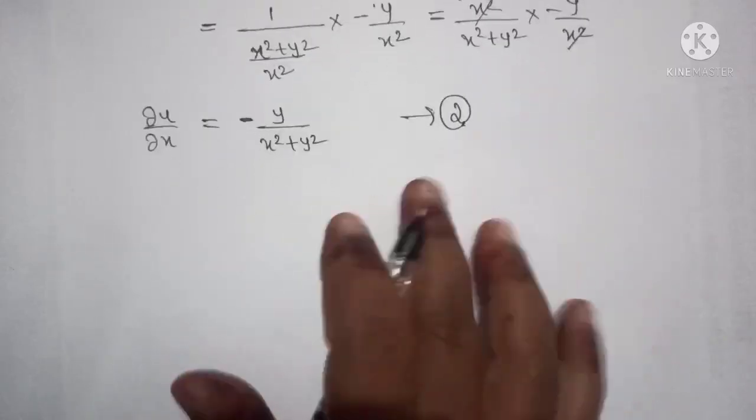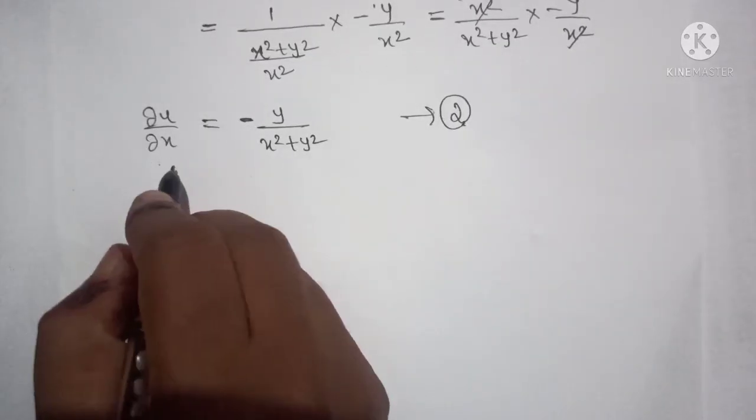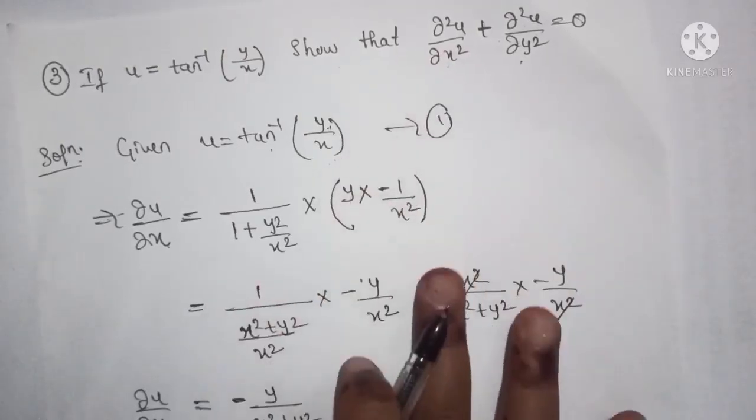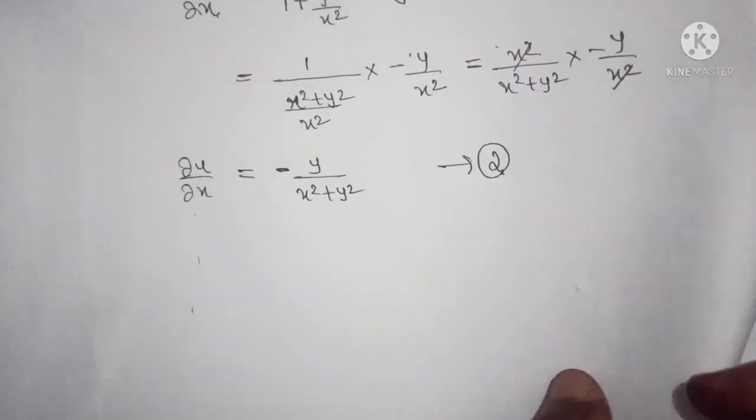Now again differentiating with respect to x itself, because here we have denominator x square, dou x square, therefore we differentiate this with respect to x only.